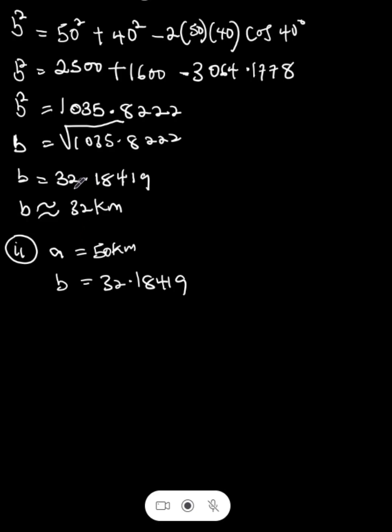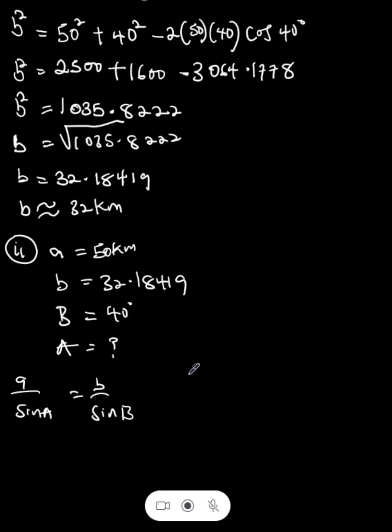So it's better for us to use the less approximated value for our calculation, right? And then we have angle B equal to 40 degrees, and we are looking for angle A. So we can use A over sine A equal B over sine B.